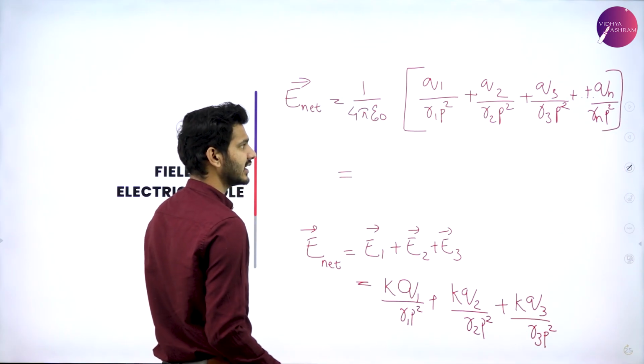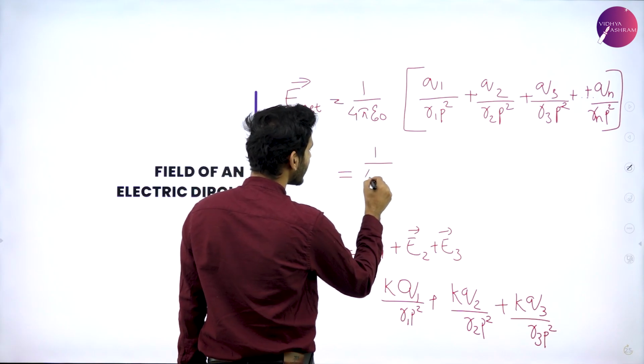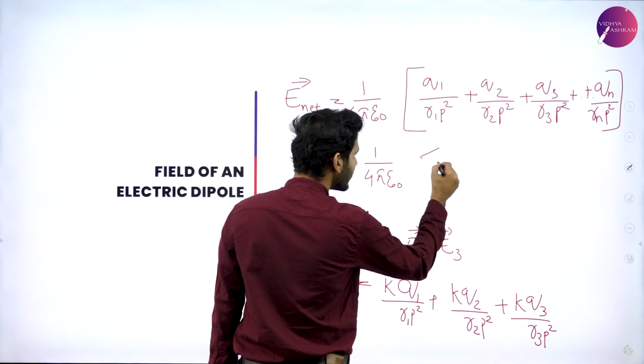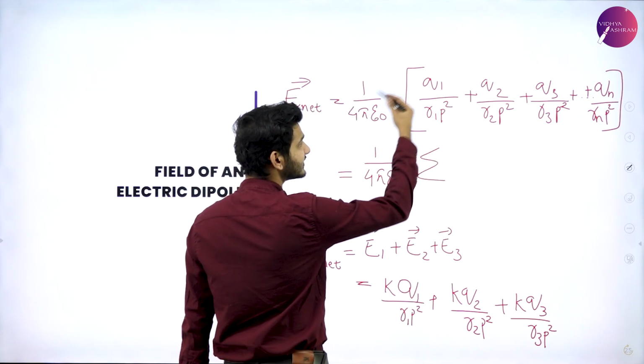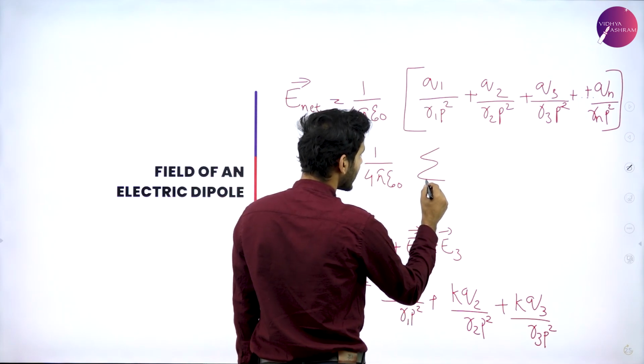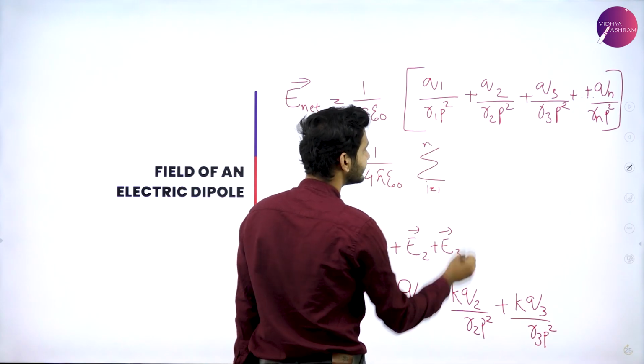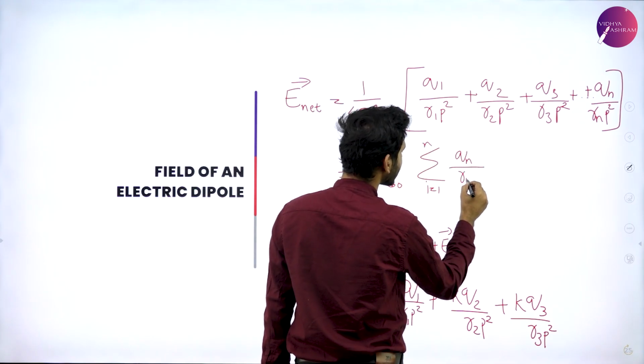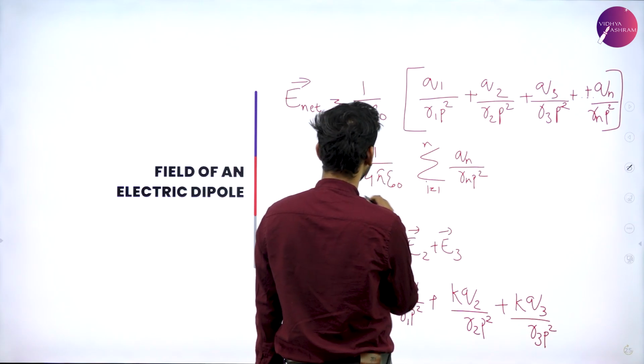And then we can write it as 1 by 4 pi epsilon naught, summation over i equal to 1 to n, Qi divided by RiP square.